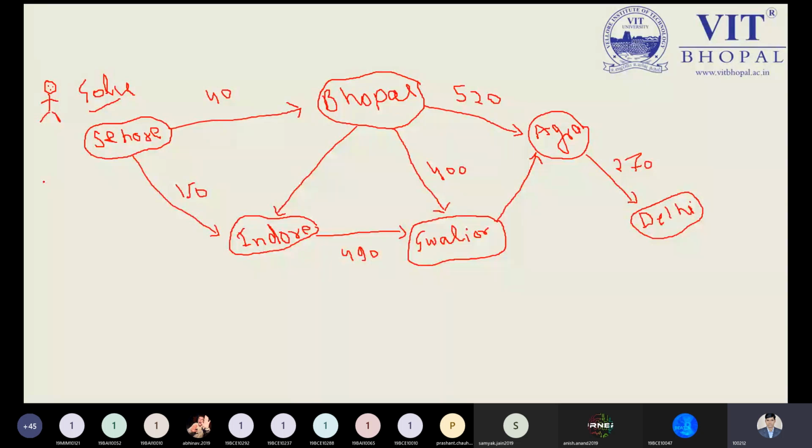But in traversal, when we do normal traversal followed by DFS or BFS, it could vary depending on the choice of source. Suppose we are solving this question for the traversal approach, DFS or BFS, and I take Bhopal as my source vertex. You can take Indore. Definitely based on the chosen source vertex, the diagram may vary.